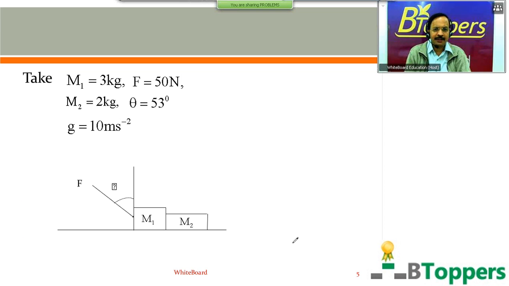The angle shown in the figure is theta, the angle with the vertical that the pushing force makes. If you want, you can copy the diagram.